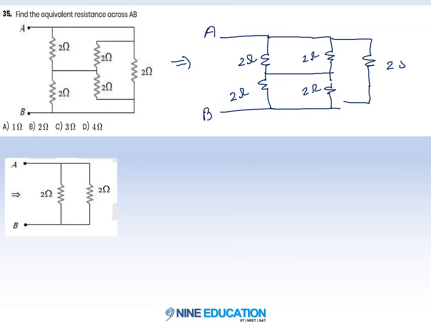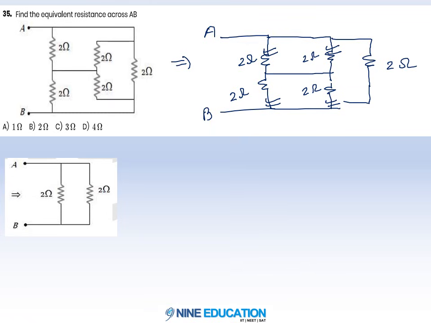This is 2 ohm. So these two are in parallel combination. The parallel combination will give you 1. These two are in parallel combination. So this will give you 1. And these two, this 1 and 1, become in series combination. So you will get 2.